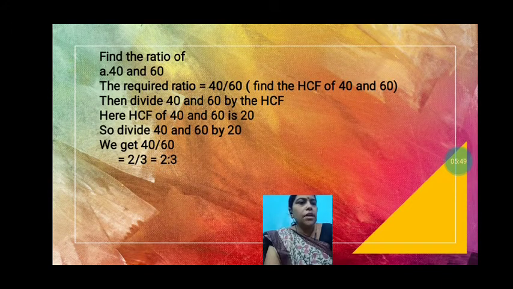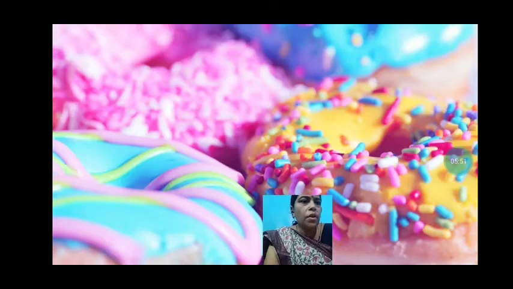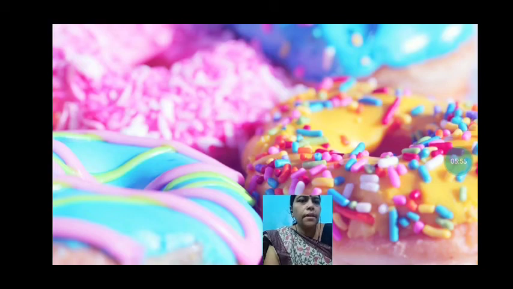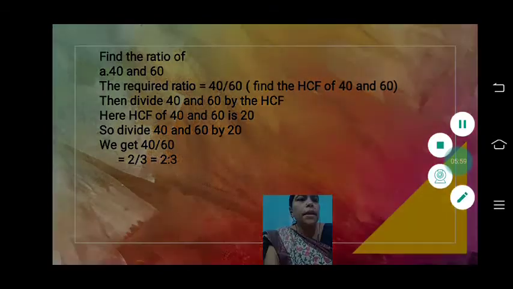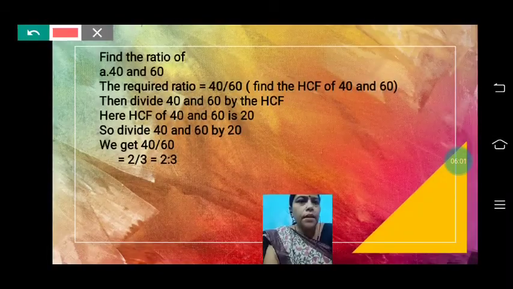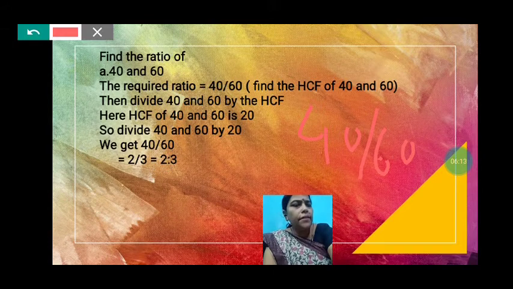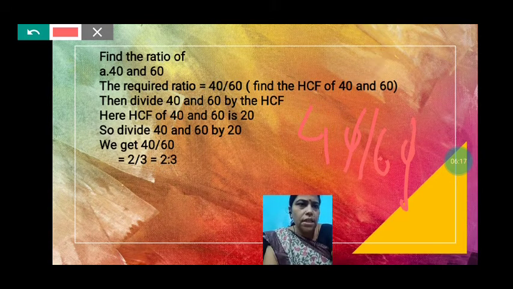Suppose we are dividing 40 by 60. I am going to reduce it to its lowest terms. First I will divide it by 10, and we get 4 by 6.